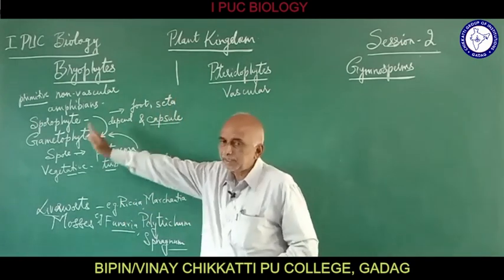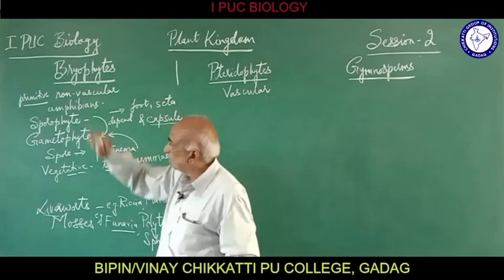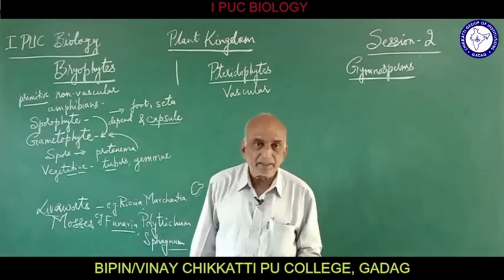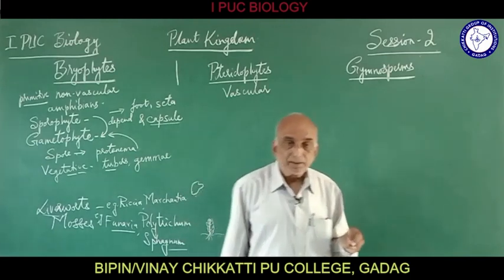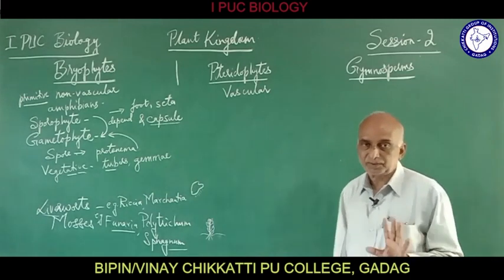So the bryophytes are non-vascular. These are plants, but non-vascular plants. But algae are also plants, they belong to the plant kingdom. They are not as well developed as bryophytes. They are also non-vascular.